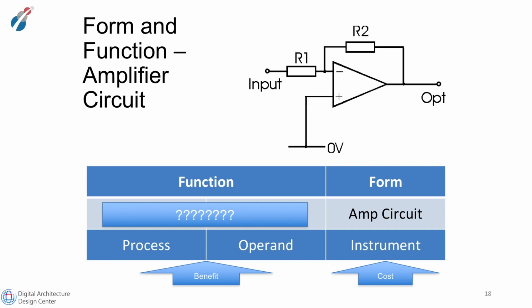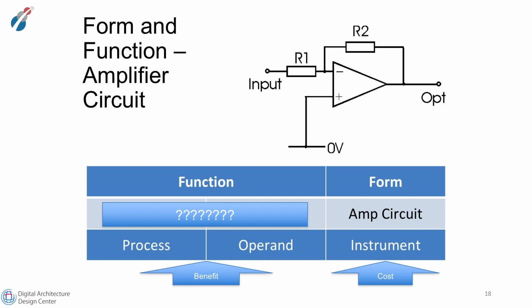So, form and function of this thing that's shown here, and those of you who are electrical engineers, of course, have an unfair advantage. What is shown here is a so-called amplifier circuit. We'll decompose the circuit in a minute, but fundamentally what we have is the form, which is this amplifier circuit, shown with a set of electrical engineering components.